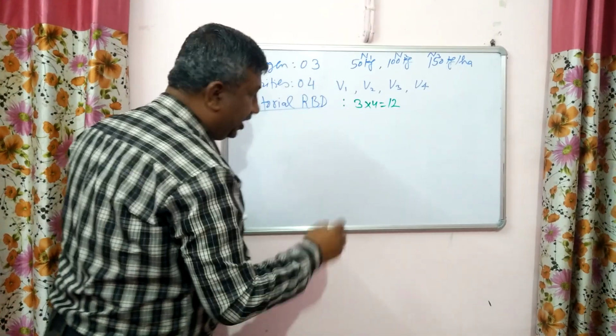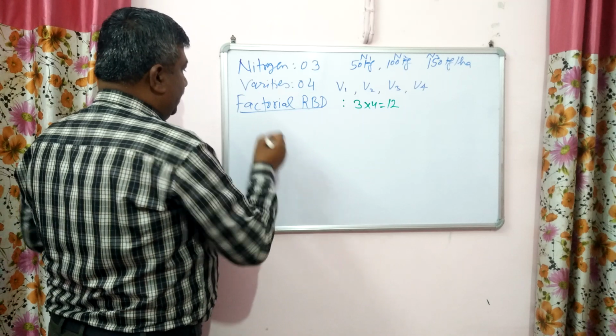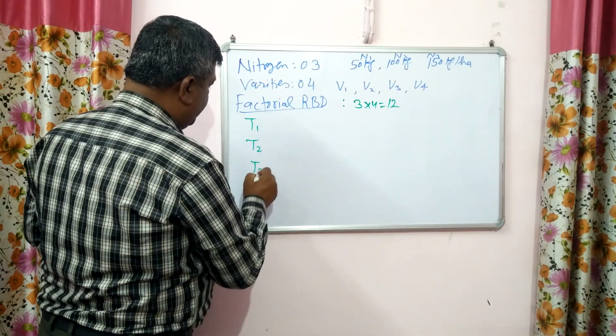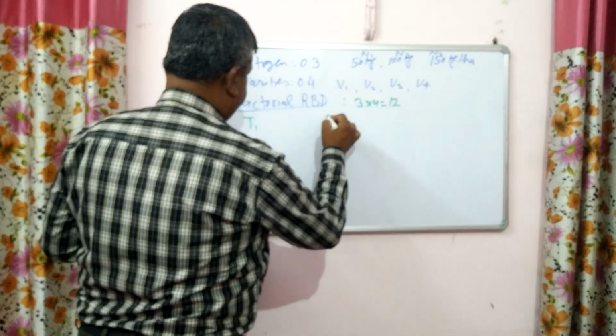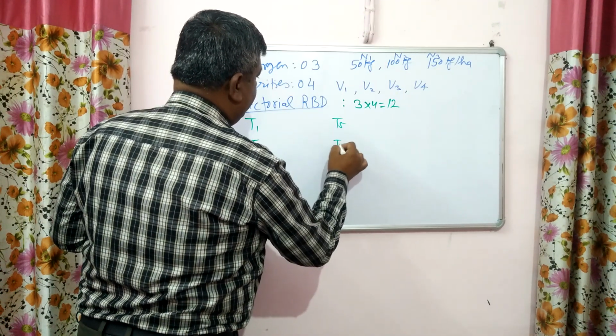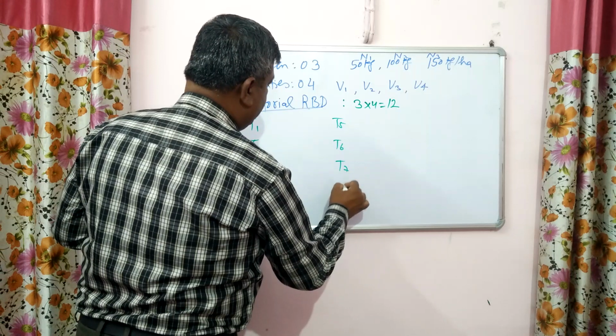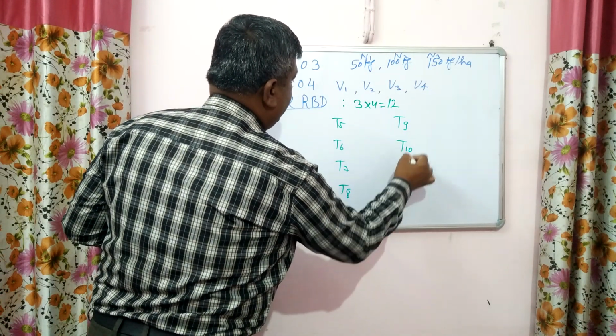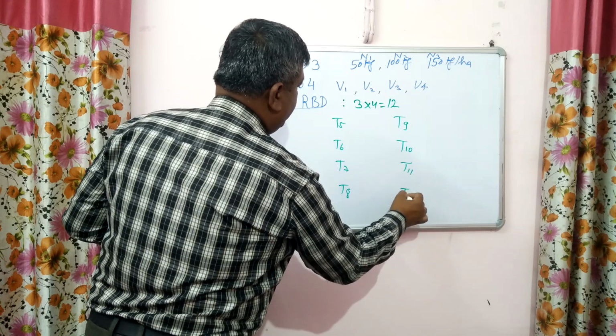Then make combinations of these treatments, and we can write these combinations as T1, T2, T3, T4, T5, T6, T7, T8, T9, T10, T11, T12.